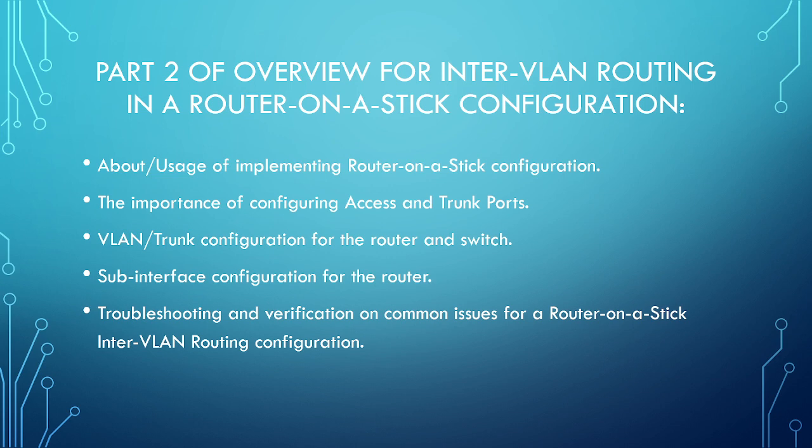After that, I will further discuss VLAN and trunk configuration for a router and a switch. Then I'll talk about the sub-interface configurations for the router, and I'll discuss common issues that could be resolved via troubleshooting and verification for a router on a stick configuration.